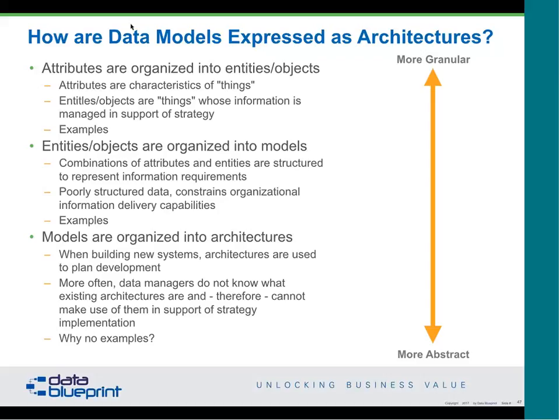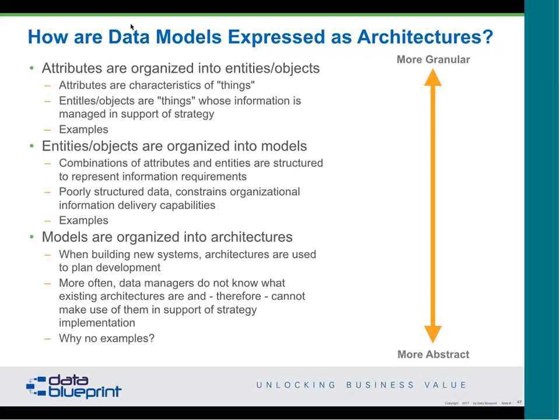And we've already given you an example here where we showed that if we didn't have the right data structure supporting it, the organization would have trouble managing its pay information. The problem is, we'll get to the last one, models organized into architectures. There are virtually no examples of this that are ever taught. And if you've been working on a project, you've seen it, but absent that, it's a lot of work to put this together.